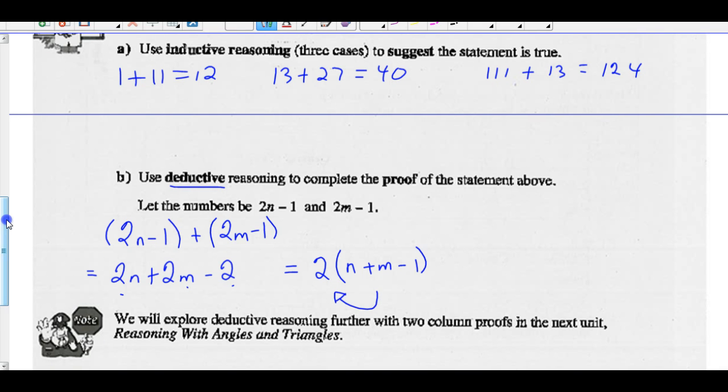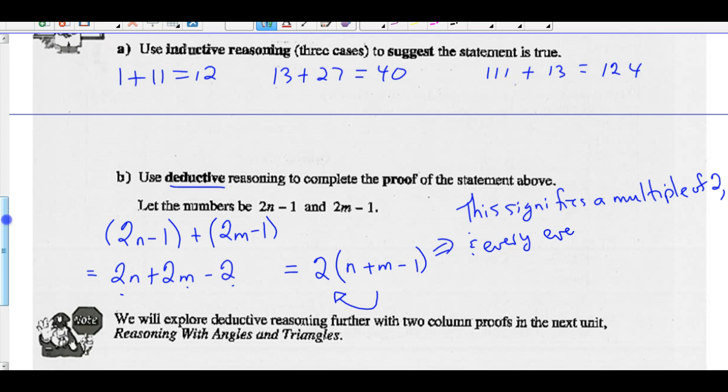So this signifies a multiple of 2. And every even number is a multiple of 2, or is divisible by 2. Therefore, it's always an even number.